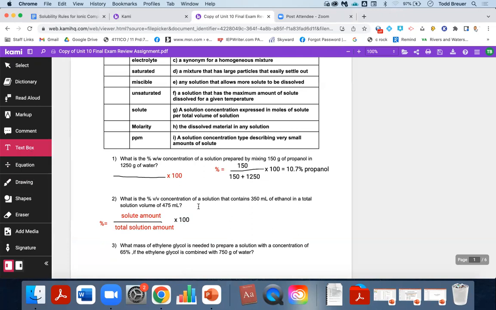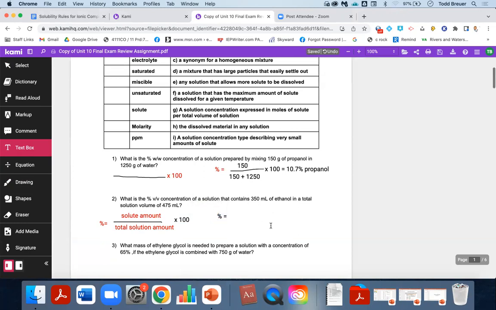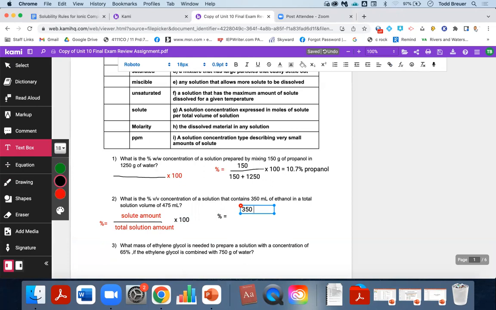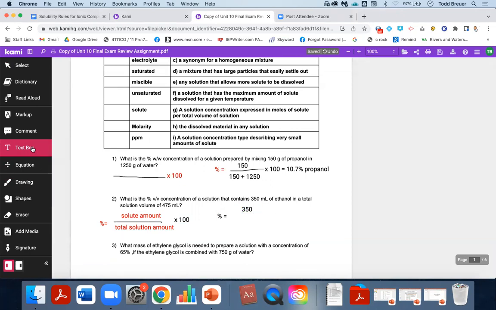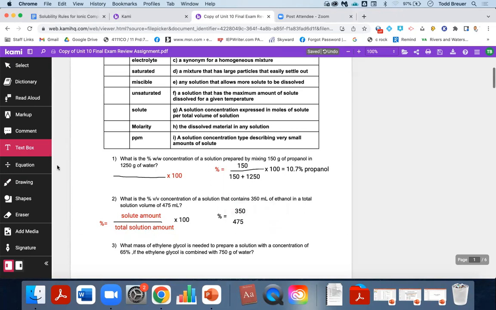So when we go to set this one up, now we say percent equals the solute amount, 350, and it happens to be in milliliters this time. That doesn't matter. So the total solution amount is 475 now. So now you have a solute compared to a total, and there's no addition in this particular example as a result.